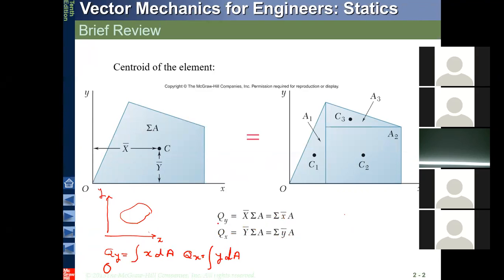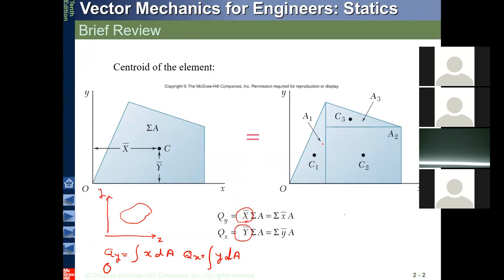By this way, you will get the first moments about each axis, and then you can make that equivalent to the x component and y component of the total centroid, multiplying by the total area.